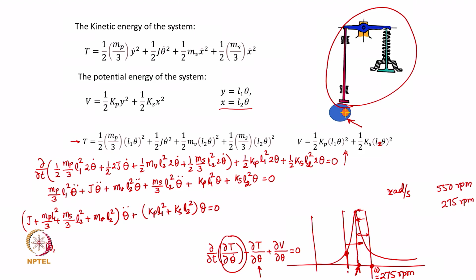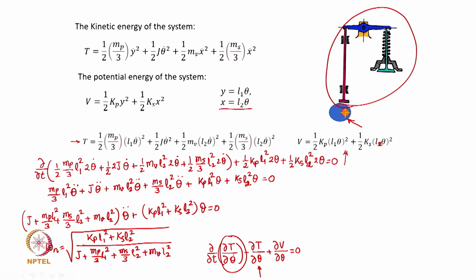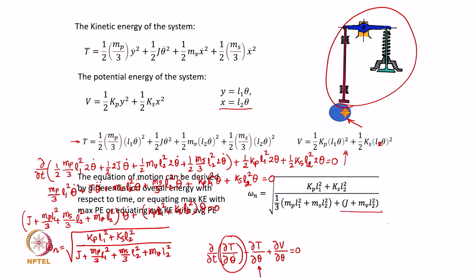This gives us the expression for the natural frequency as kp L1 square plus Ks L2 square over J plus mp over 3 L1 square plus ms over 3 L2 square plus mv L2 square. Okay, that is the expression I have. You expect the same expression, and that is what we are getting here.